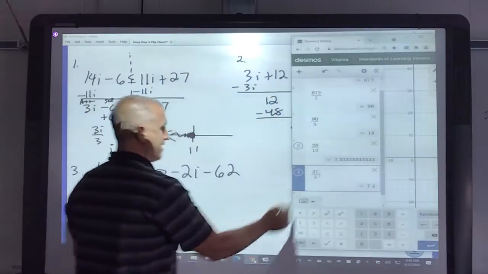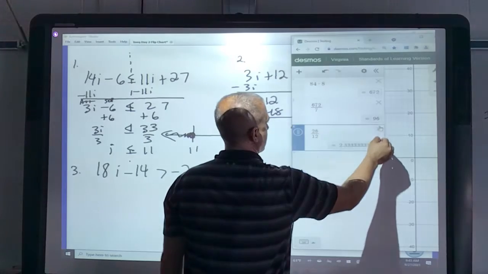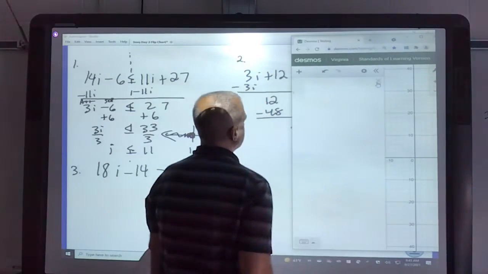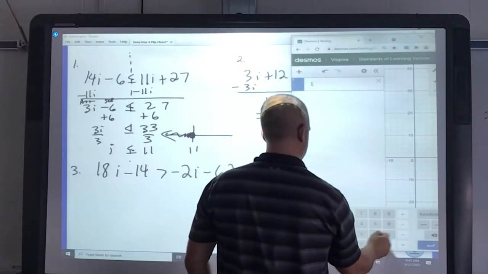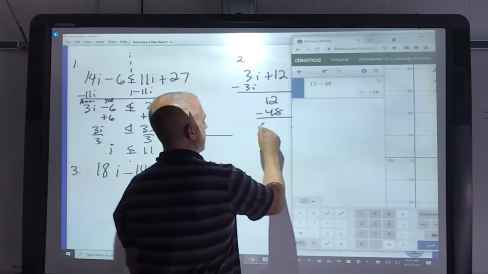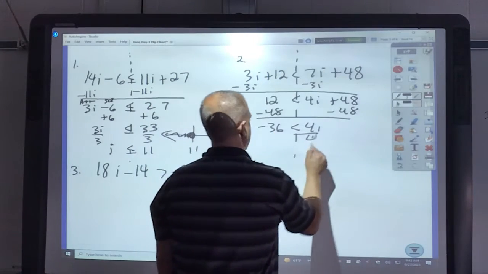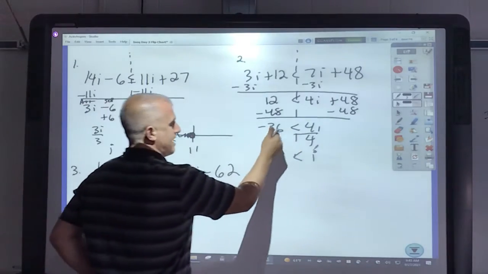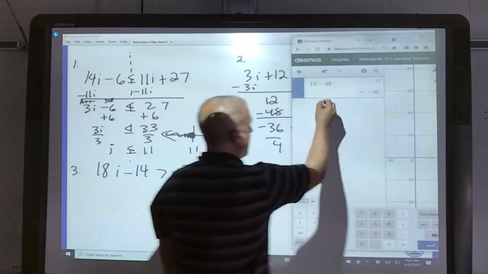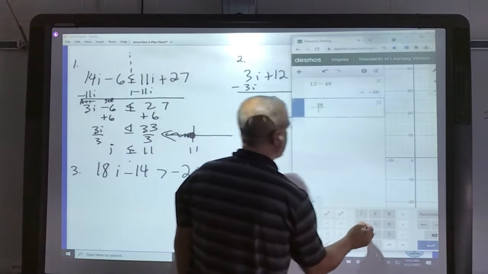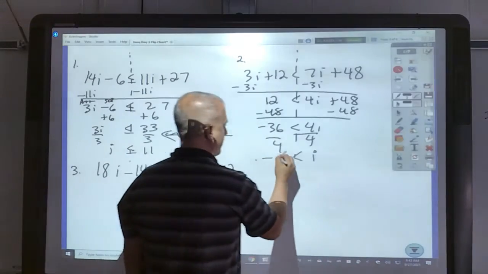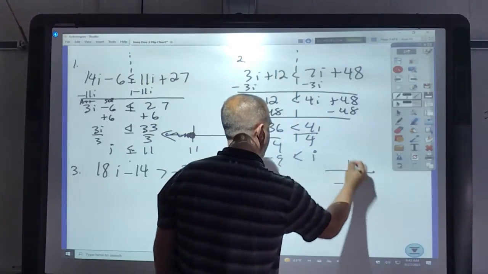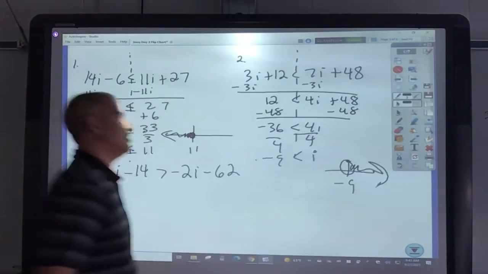I'm going to do 12 minus 48. Negative 36, divide by 4. I got i. I did not have to switch the inequality. It's only when I divide by a negative number. So I'd be negative 9, open circle, eats the i, shade right.